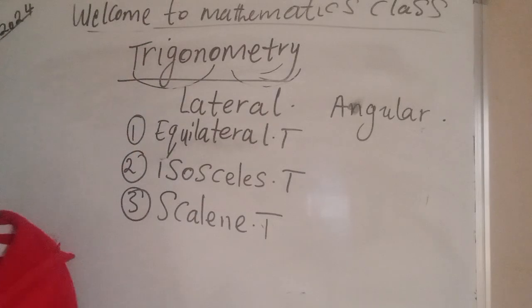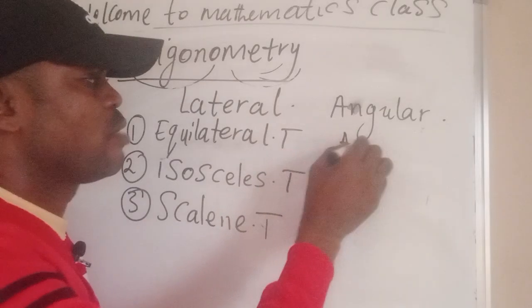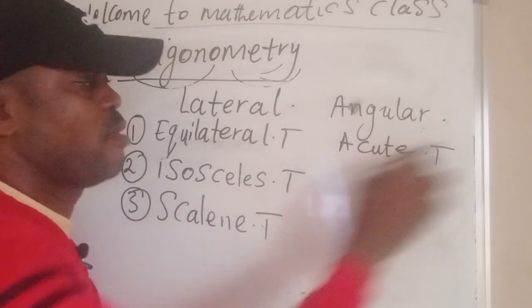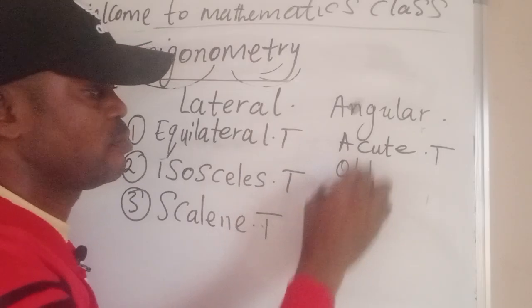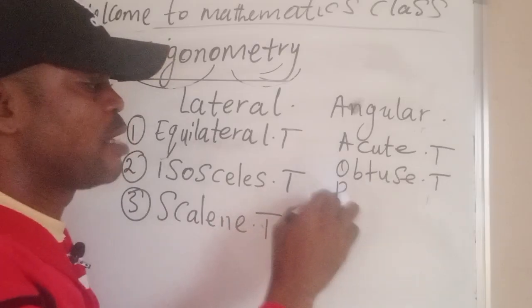Then based on the angular form of classification, we're going to be having the acute triangle, the obtuse triangle, as well as the right angle triangle.